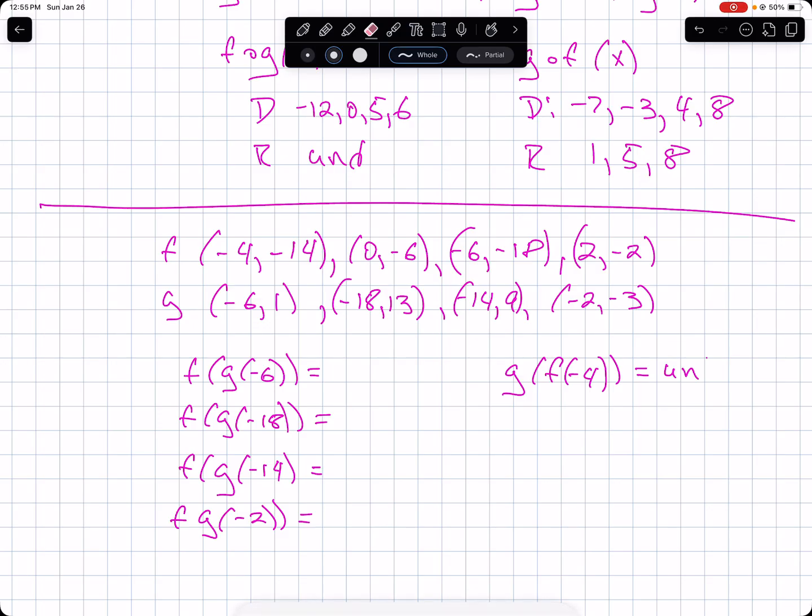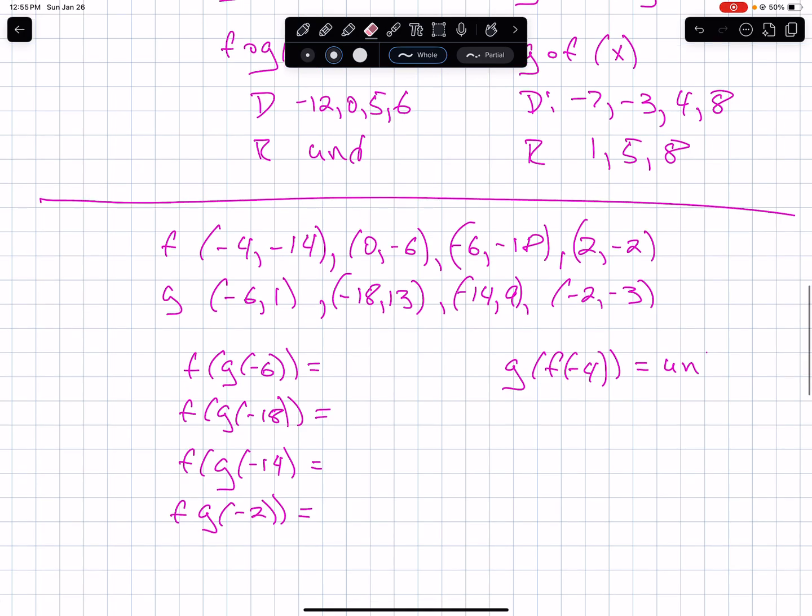So the inner one, G of negative 6 is 1. And then G of 1 is undefined. So that's where we didn't. You have to write this little intermediate step in here. That's what I was missing. So F of 1, and there's no F of 1, so that's undefined. Right, so what do we get with 18? We get F of 13.